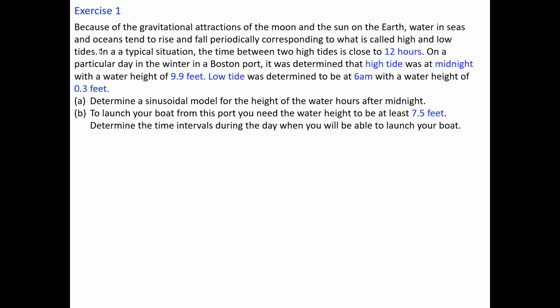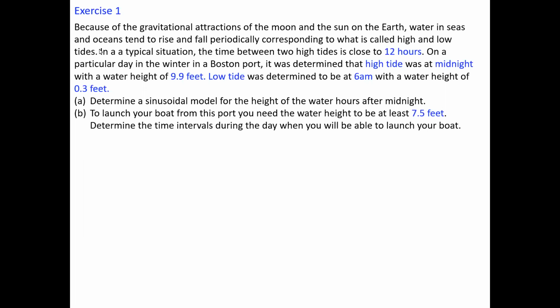In a typical situation, the time between two high tides is close to 12 hours. On a particular day in the winter in Boston Port, it was determined that high tide was at midnight, with a water height of 9.9 feet. Low tide was determined to be at 6 a.m. with a water height of 0.3 feet.